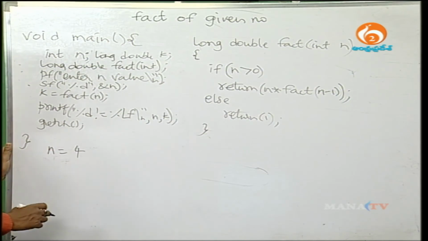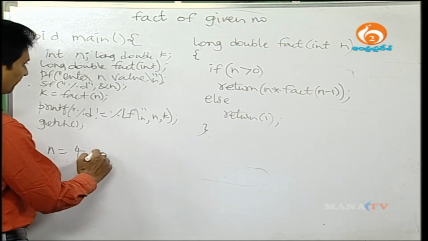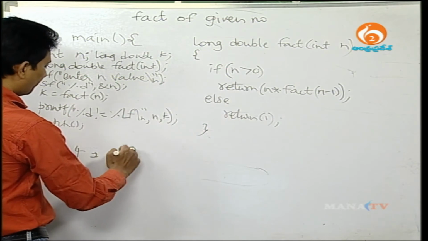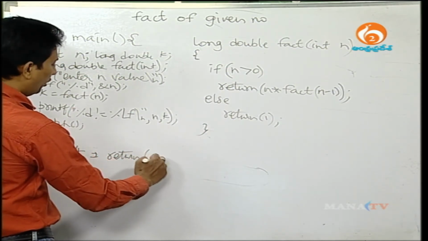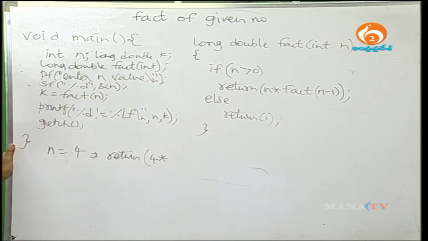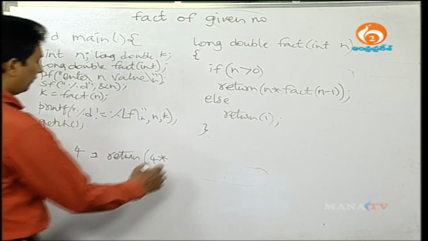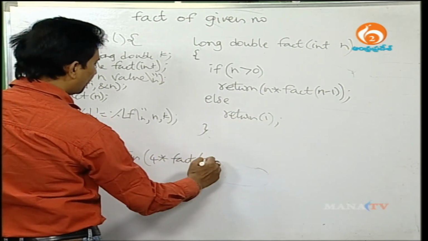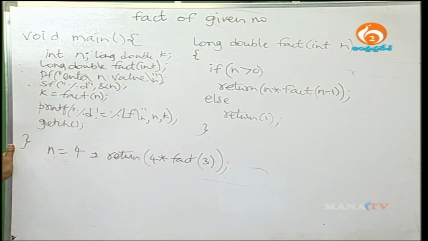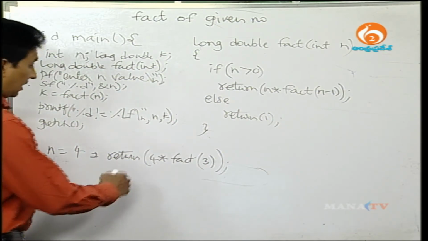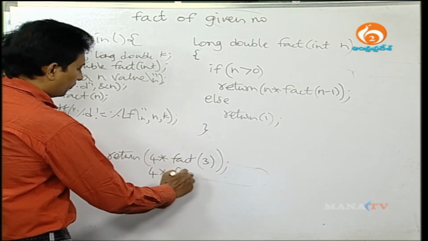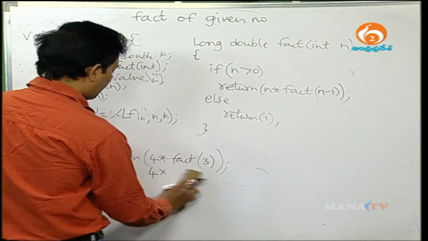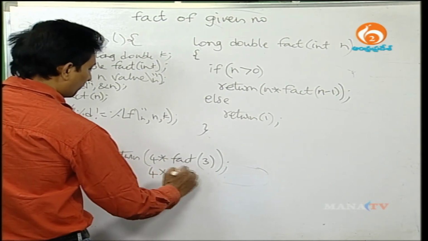Whenever the condition becomes true, it returns n into fact of n minus 1, that is 4 into fact of 3. Next, another function call, 4 into 3 into fact of 2.